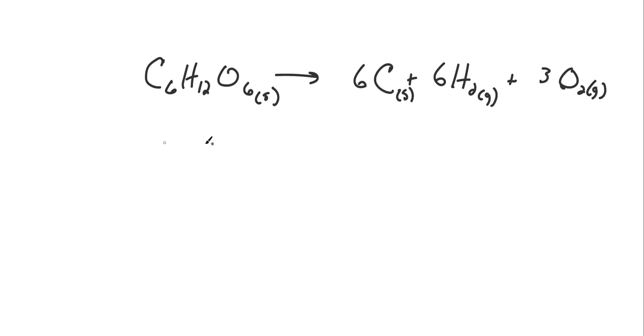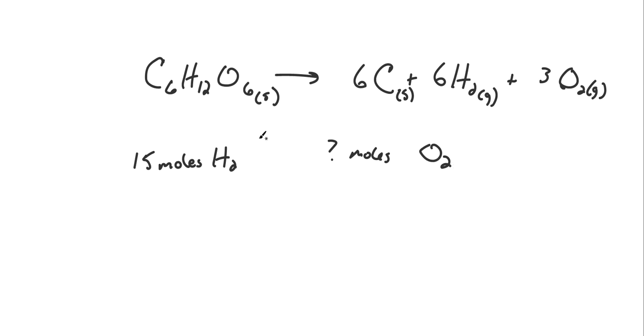So now let's say we decompose an unknown amount of sugar, but we end up with, let's say, 15 moles of hydrogen gas. How many moles of oxygen gas will we get?